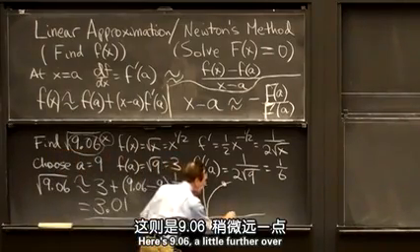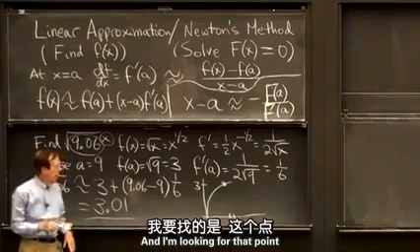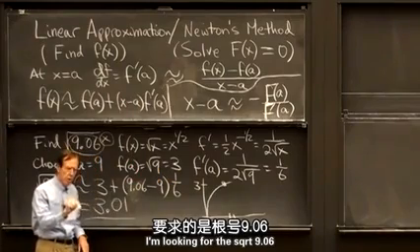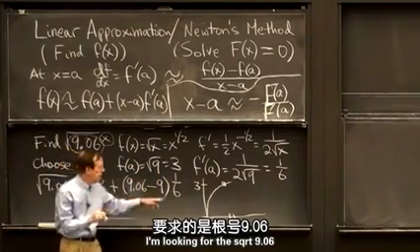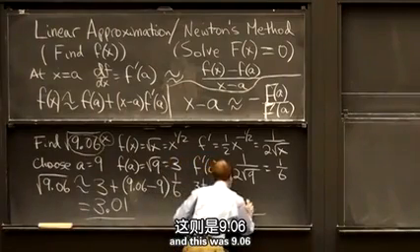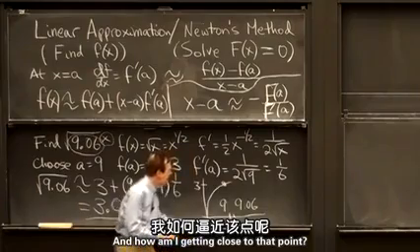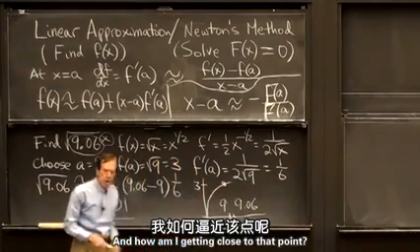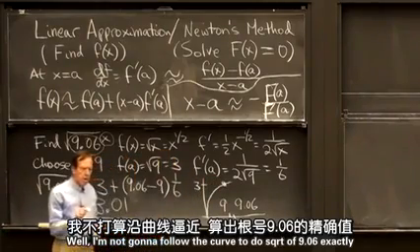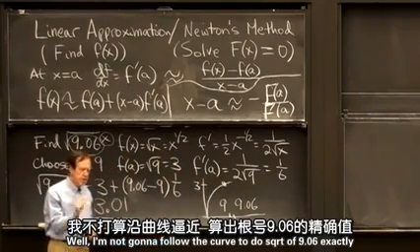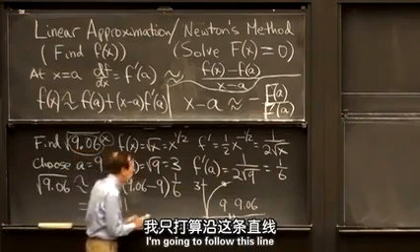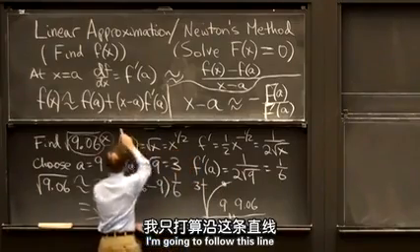Here is 9.06, a little further over, and I'm looking for the square root of 9.06. So this was 9 here, and this was 9.06. And how am I getting close to that point? Well, I'm not going to follow the curve to do the square root of 9.06 exactly, any more than your calculator or computer does. I'm going to follow this line.